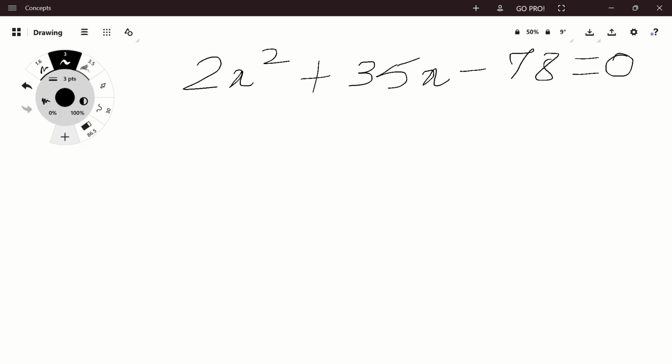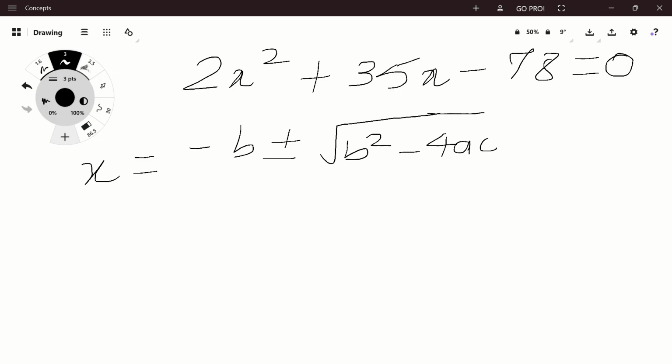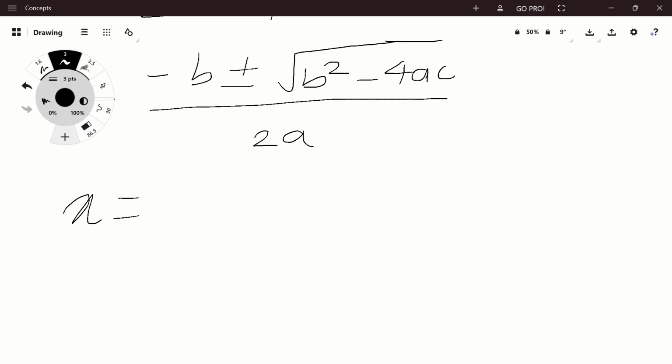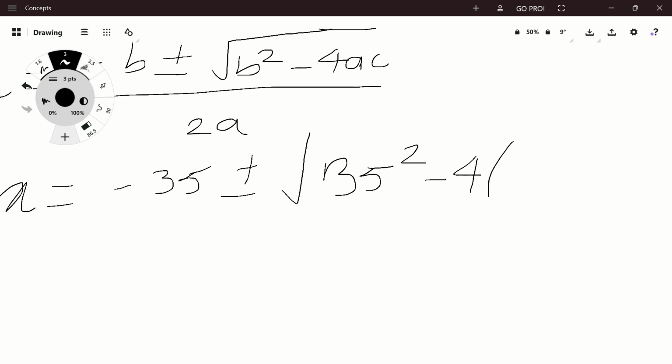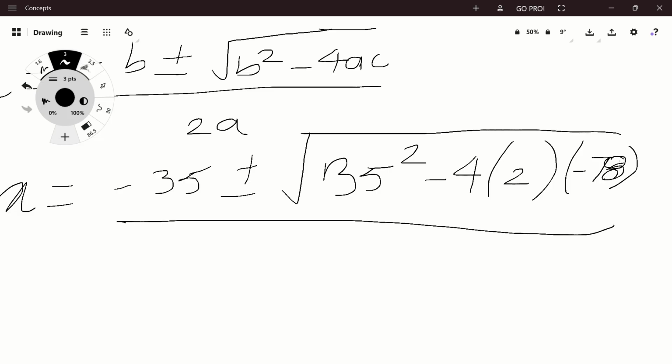Now solving the equation for the value of x using quadratic formula, which is x is equal to minus b plus minus root b square minus 4ac upon 2a, we get the value of x as minus 35 plus minus root 35 square minus 4 into 2 into minus 78 upon 2 into 2.